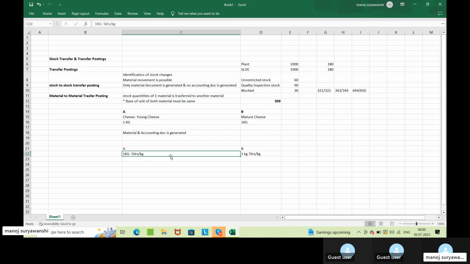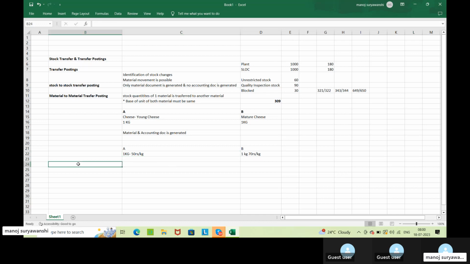So that's the reason there is a change of value in this particular goods movement. So an accounting document will be generated along with the material document. Material document also gets generated because it's a goods movement, and to record the goods movement, material document is generated.